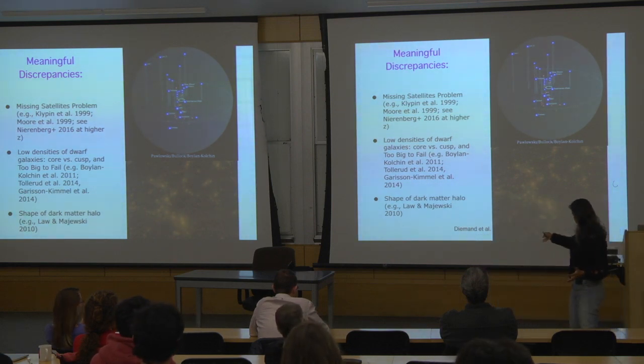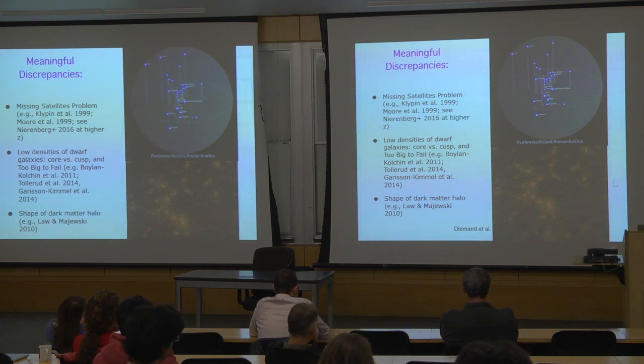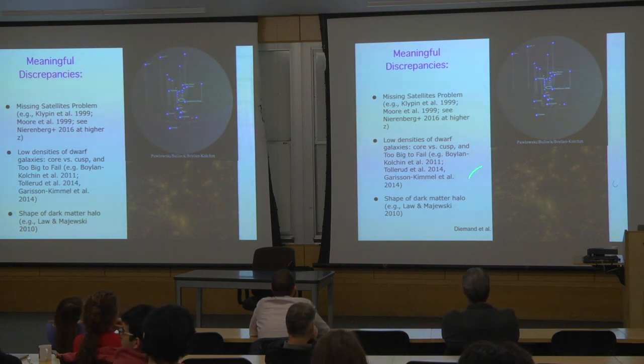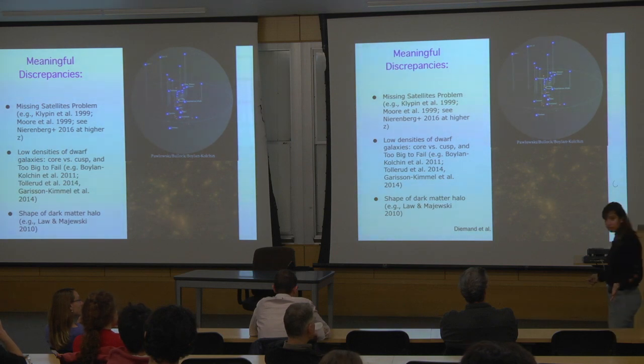Okay, and then the third problem is that, as you can see from this image here, the dark matter halo of a Milky Way type galaxy, again in this cold dark matter framework, is expected to be quite lumpy and triaxial. Okay, you can see that it's not some nice smooth distribution.